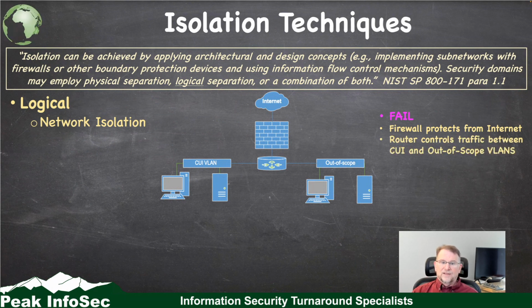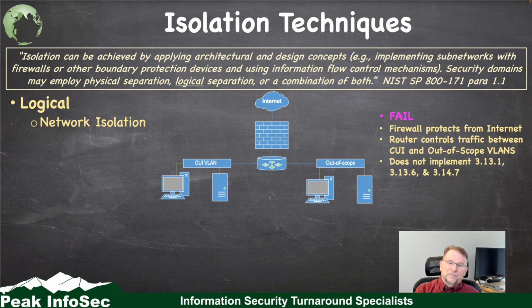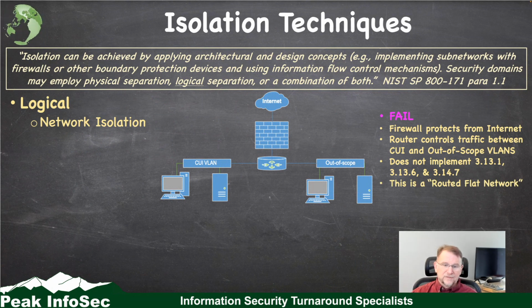Now, likewise, it's controlling this traffic. It is not implementing those core requirements. And then there's a whole slew that you can go off of those as you get more into the dependencies. So in reality, when I come in as a network engineer and doing this for large companies like Sony, this is in reality a routed flat network. It's not going to really protect you.